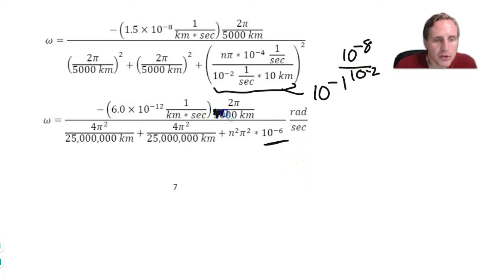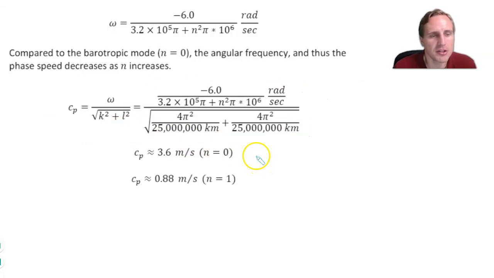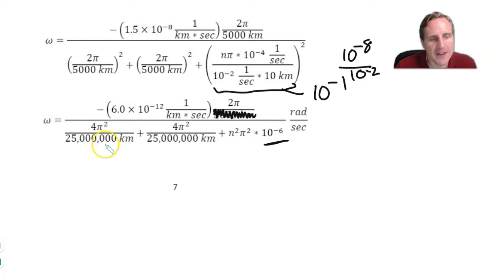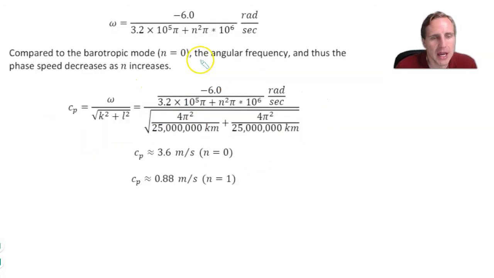Okay, so what we should actually have is we should get rid of this term, and then 1.6 times 10 to the minus 8 divided by 5,000 gives about 6.0 times 10 to the minus 12. And then we just got to start slugging through the rest of these things. Okay, so you can certainly use a calculator. There's nothing wrong with that. If I did this correctly, I do get this right here.